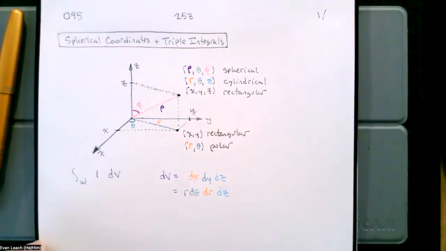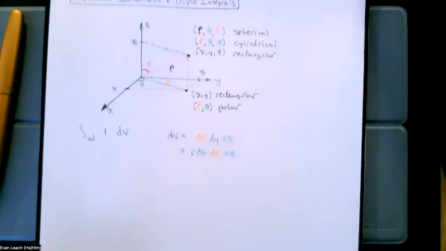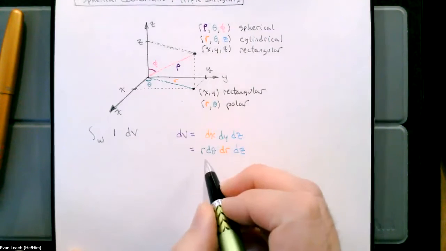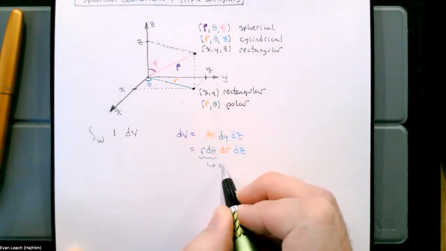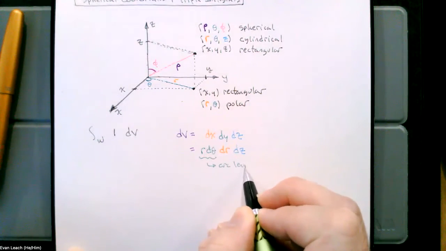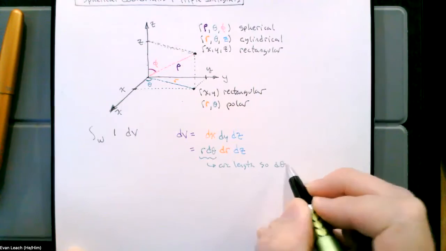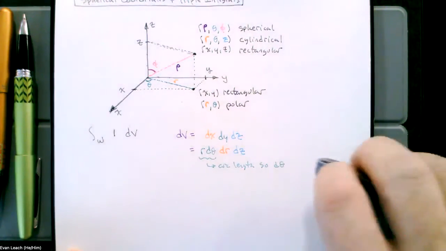What we had to do here is use arc length to convert d theta into a distance, since d theta is not a distance.